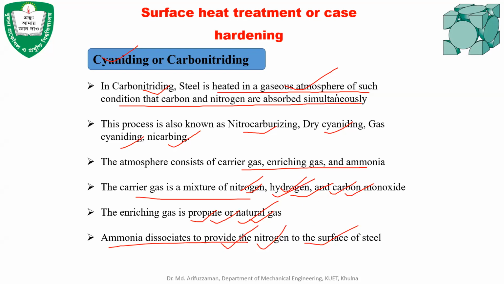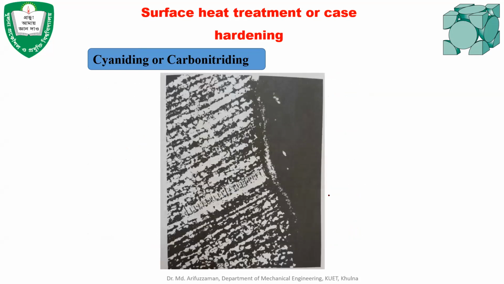You introduce the steel into this gaseous environment and keep it for a certain time at a certain temperature to obtain the hardened case. And this is an example microstructure of cyaniding or carbonitriding.